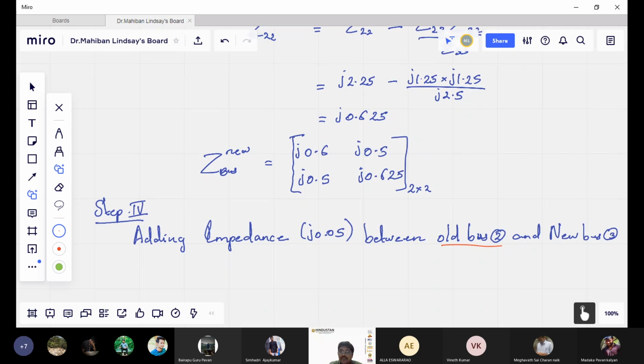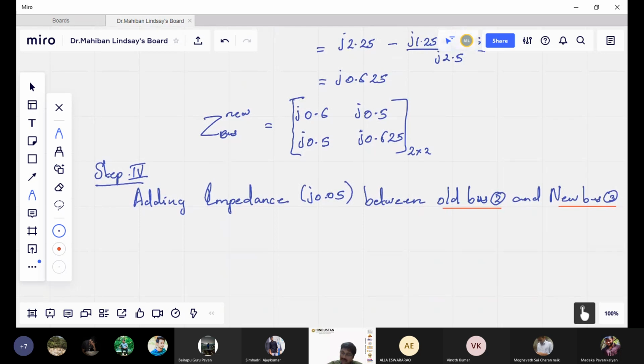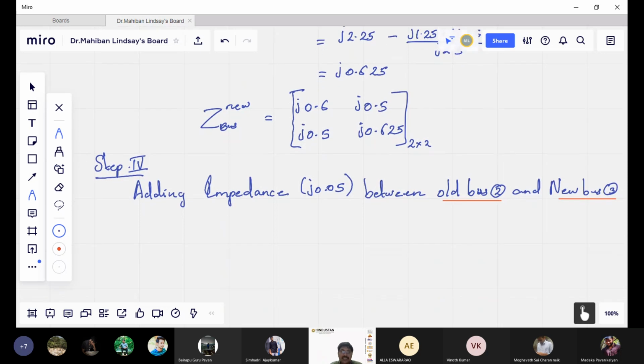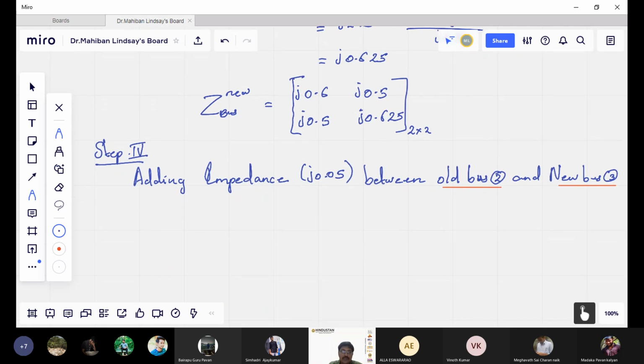Now listen, wherever a new bus is coming, the size should be increased by 1. In our case it is from 2 to 3, the size will be increased.